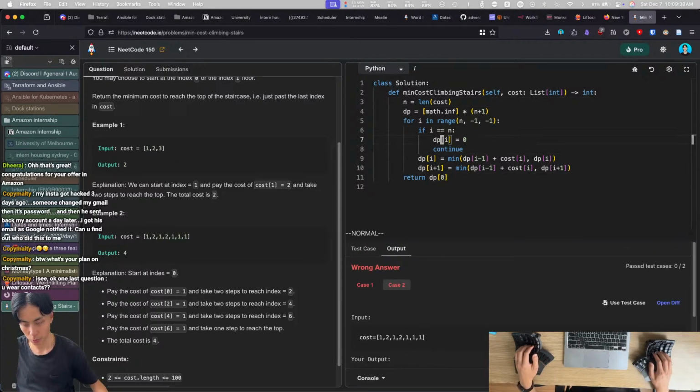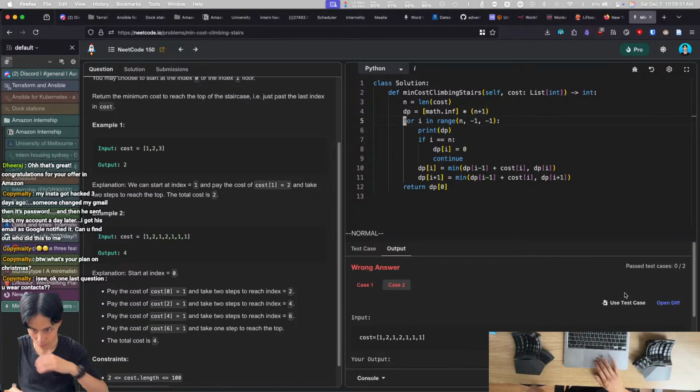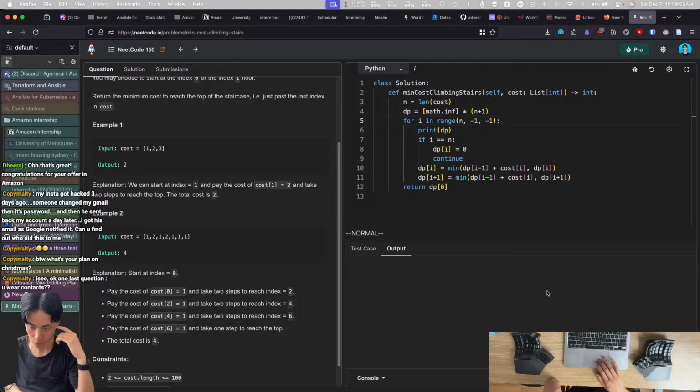Okay, so we got problems here. I might print dp and just see what this looks like. Your output is 1.